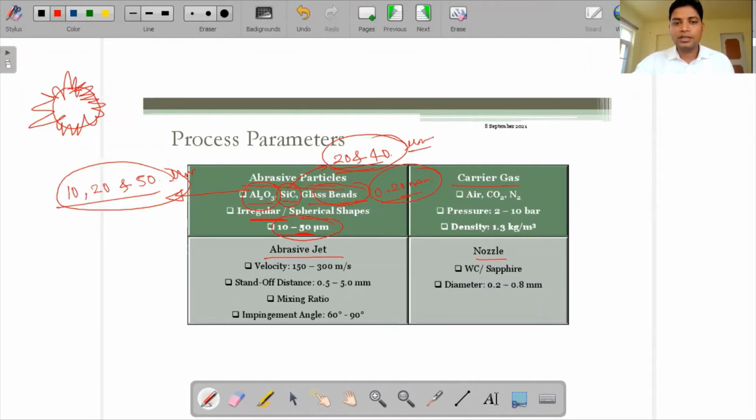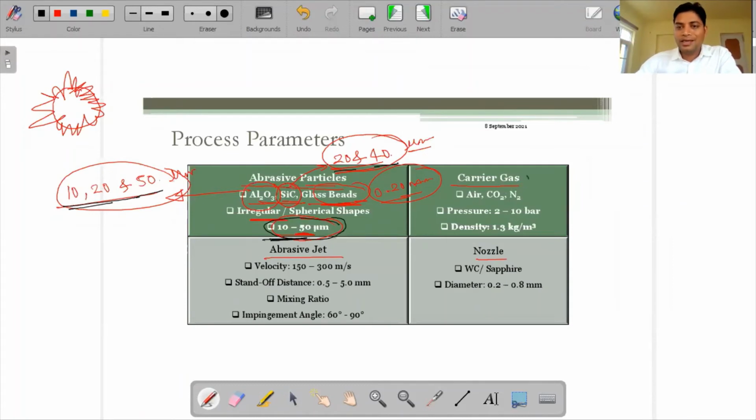Please keep in mind that it has a higher strength than these two. So on average, from 10, 20, 50 and 20, 40, we can use 10 to 50 microns diameter.